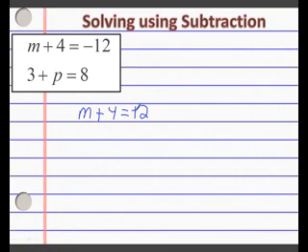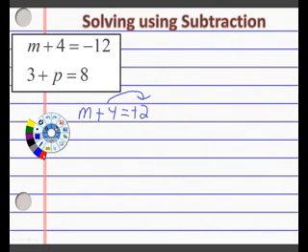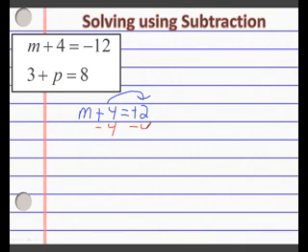So we need to move this plus 4 to the other side. And the way that we do that is by doing the opposite. So the opposite of plus 4 would be minus 4. And whenever you do something to one side, you have to do it to the other side.